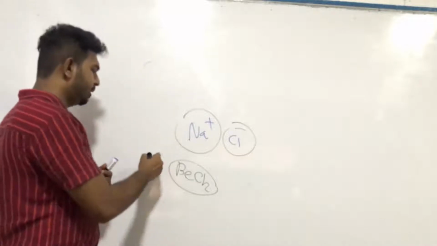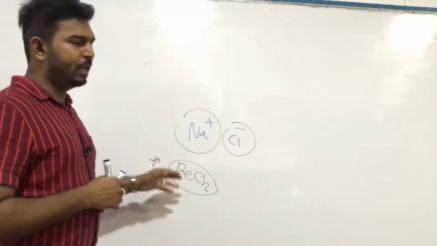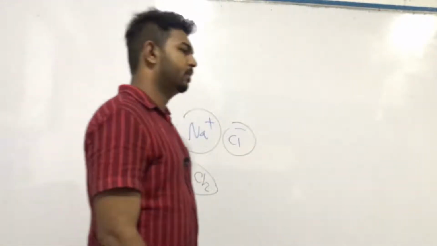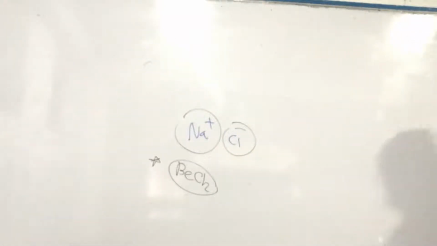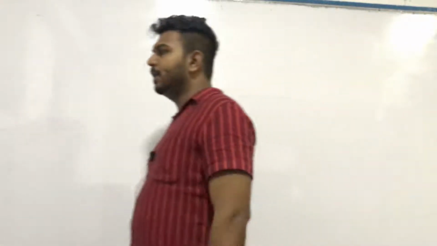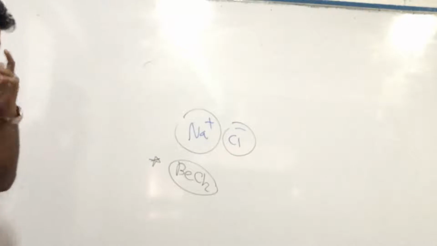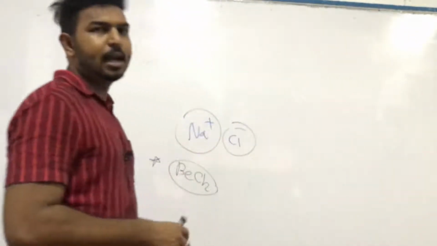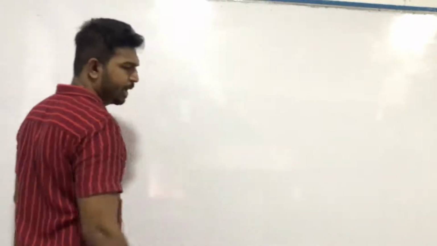You should remember that. Put another mark and write: beryllium chloride is not an ionic compound. It's a special point.